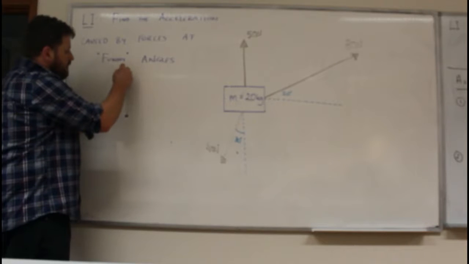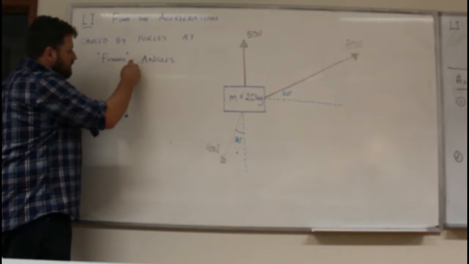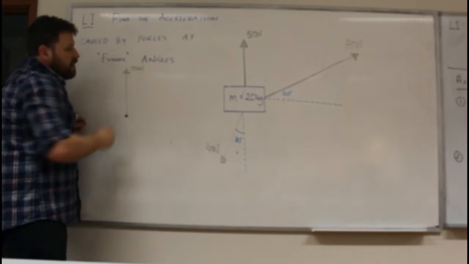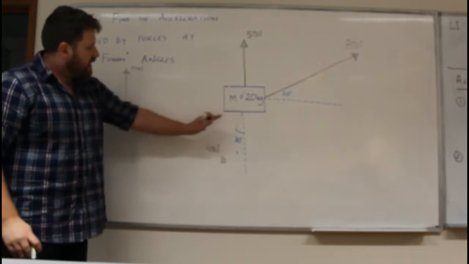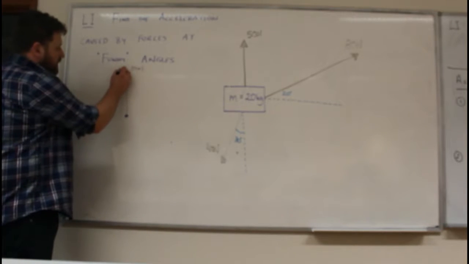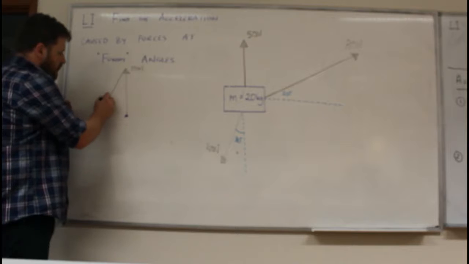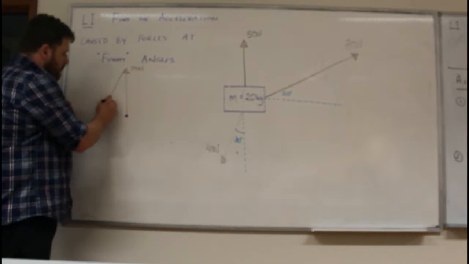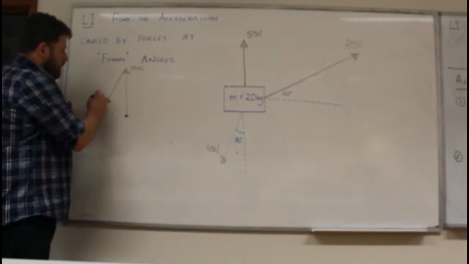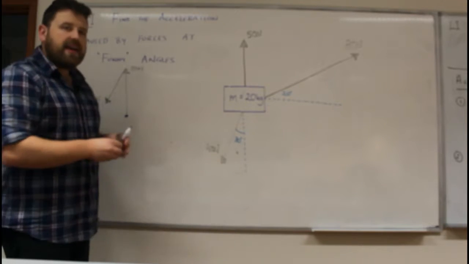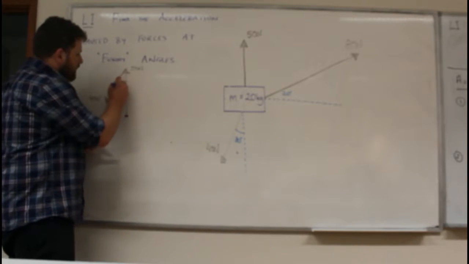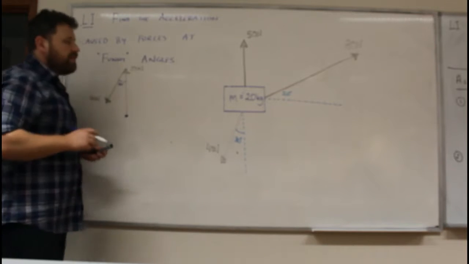Here we go, there's our 50 Newton force. Then we're going to take this one here and pull that down over here. There's our 40 Newton force. And we can take care of that angle there as well, that's 30 degrees.